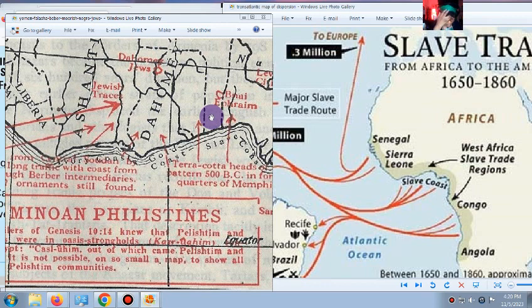It says, the Arabs took advantage of regional war in Africa to buy captives from the victor. They also used the old divide and conquer technique. They worked one group against the other and took or killed the best and strongest. So they killed the best and strongest. They divide them, let them fight amongst each other. The strongest they killed, the weakest they took into slavery. That's some demonic stuff.